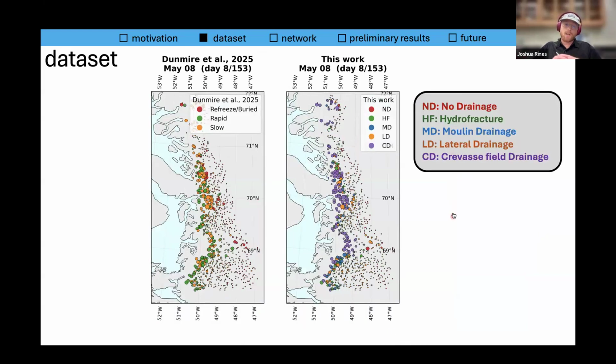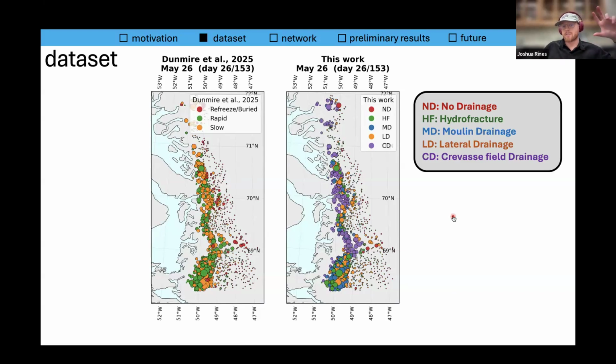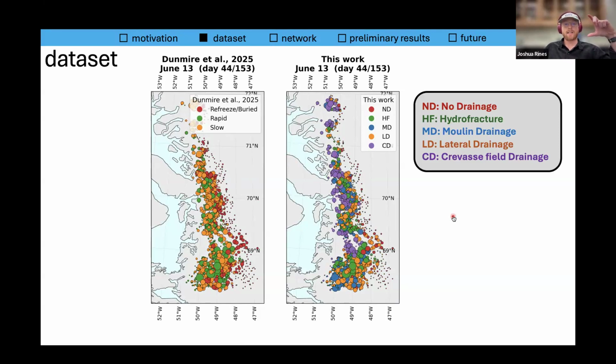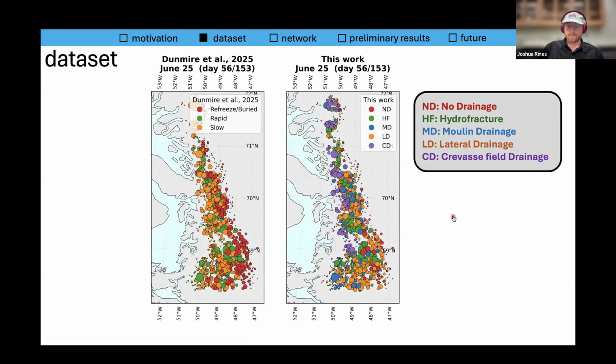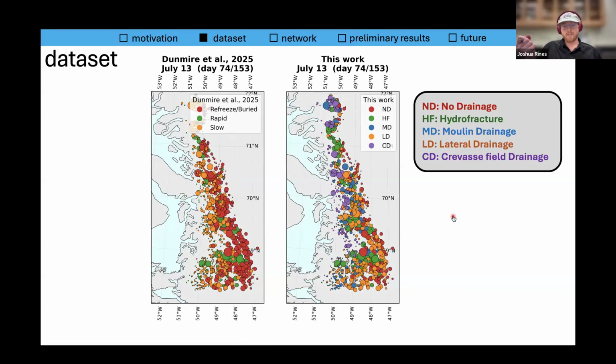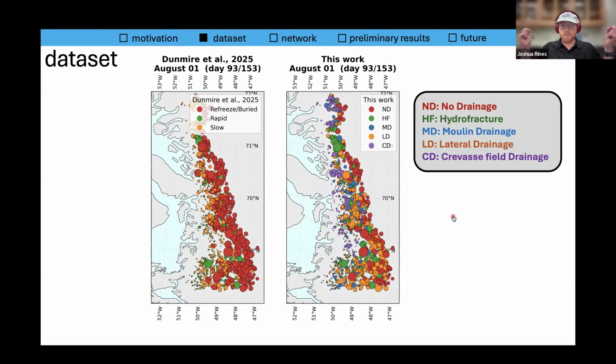In particular, what we see on the left is all of the locations of the lakes that Dunmeyer et al. have identified in the 2019 season. The area of the circles is proportional to the amount of water that's in each of those lakes. The same points are on the right as we click through the summer season. The only difference is in the label.